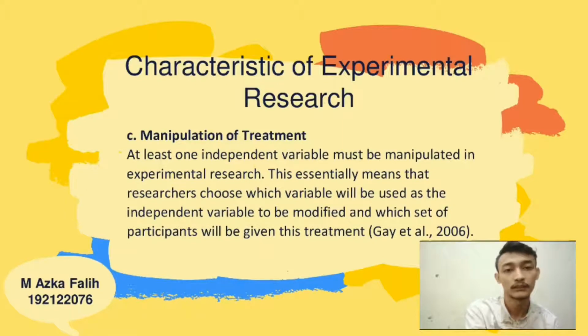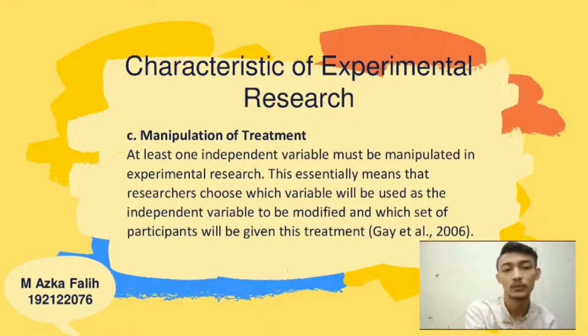And third is manipulation of treatment. The manipulation of an independent variable is a deliberate operation performed by the experimenter. In educational research and other behavioral sciences, the manipulation of an independent variable involves setting up different treatment conditions.